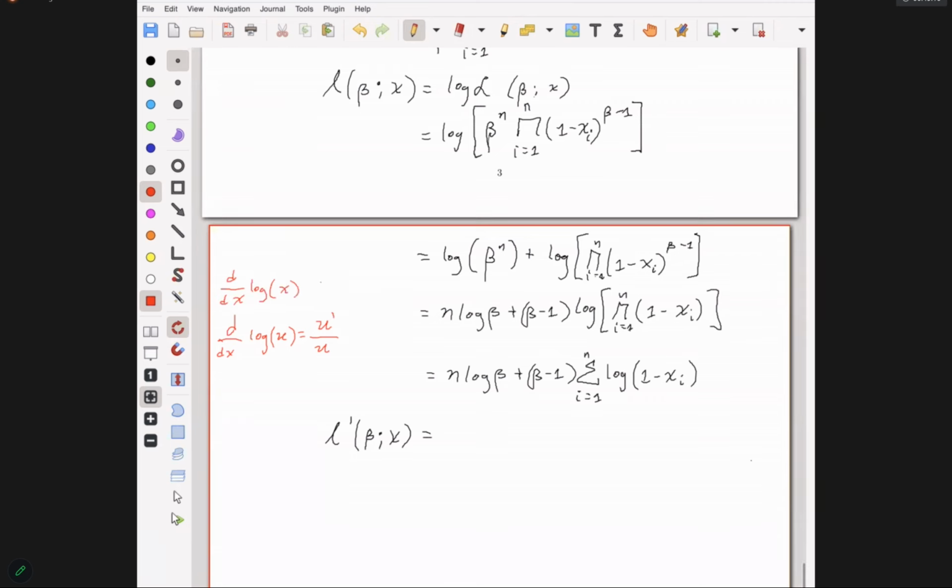And so then, for this one right here, what do we get as the derivative of n log beta?